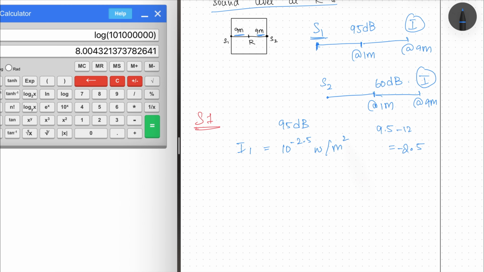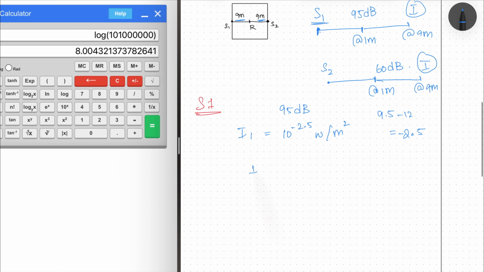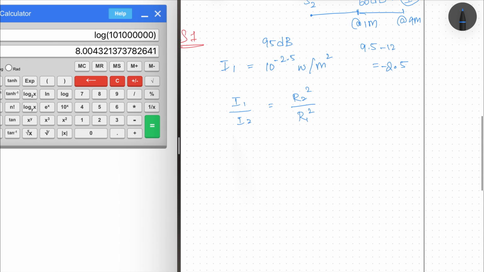Let's find I2 at 9 meters now. So your I1 by I2 is equal to R2 square by R1 square. I2 we have to find out now. So 10 to the power minus 2.5 by I2 is equal to 9 square by 1 square.